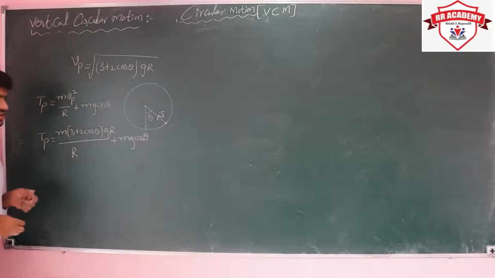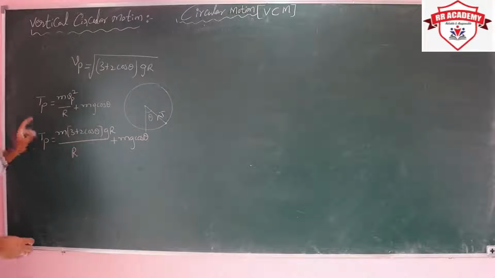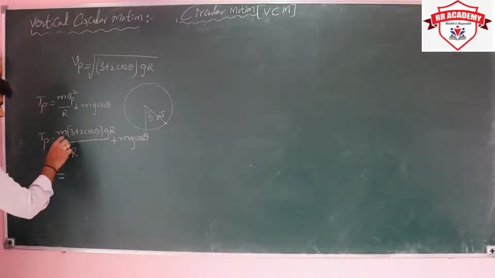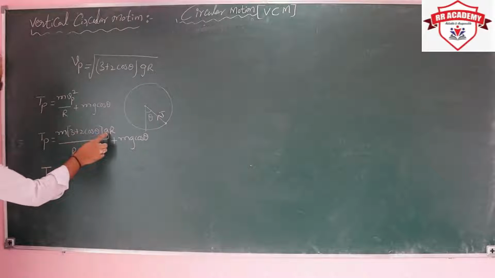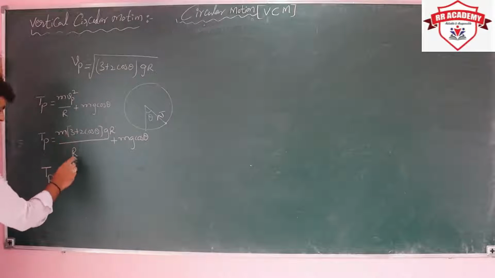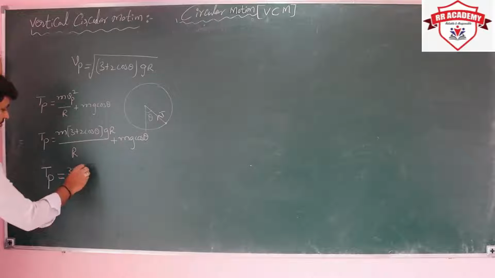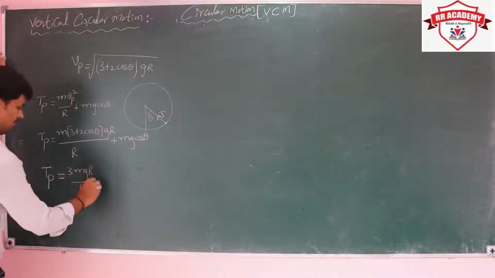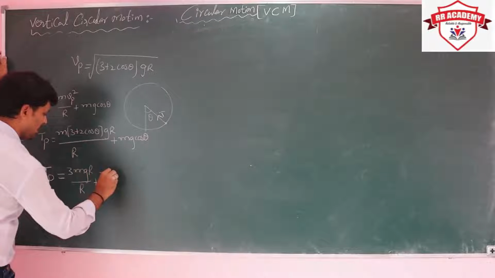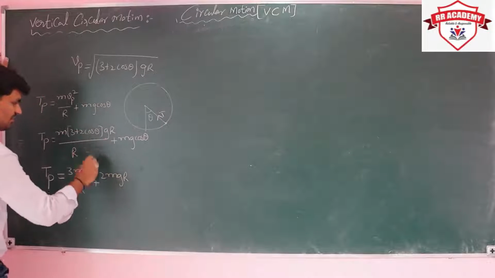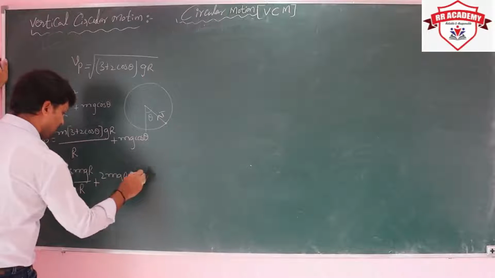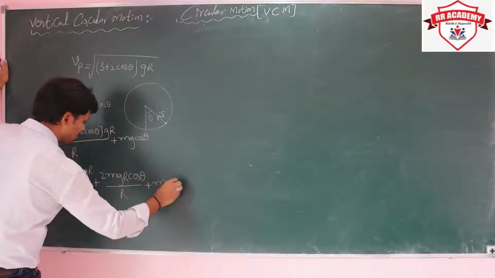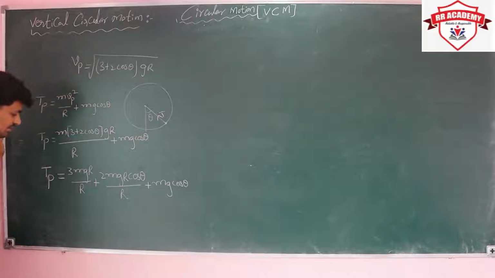Now simplify this equation: multiply gr inside, so it becomes 3mgr by r plus 2mgr cos theta by r plus mg cos theta.